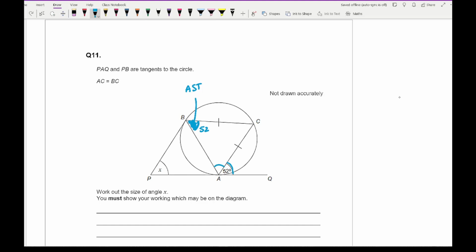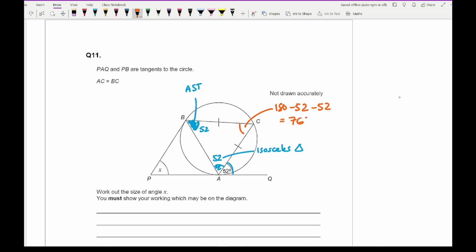So this angle here is also going to be 52 degrees, because it's an isosceles triangle. So I can then work out what this angle here is going to be, and that's going to be 180 minus 52 minus 52, which is 104, so that's going to be 76 degrees.